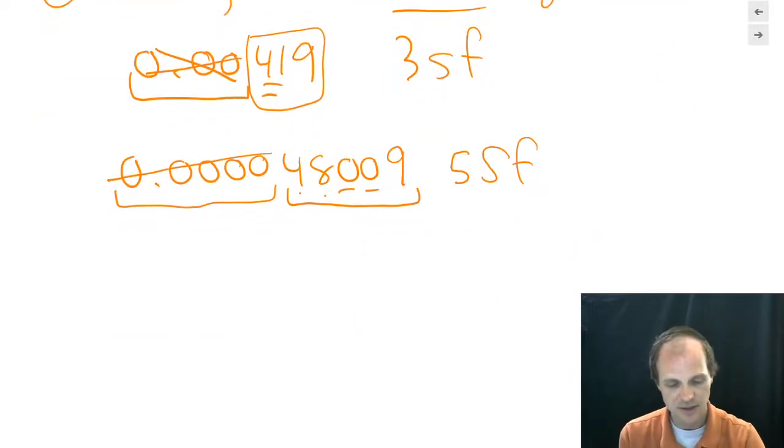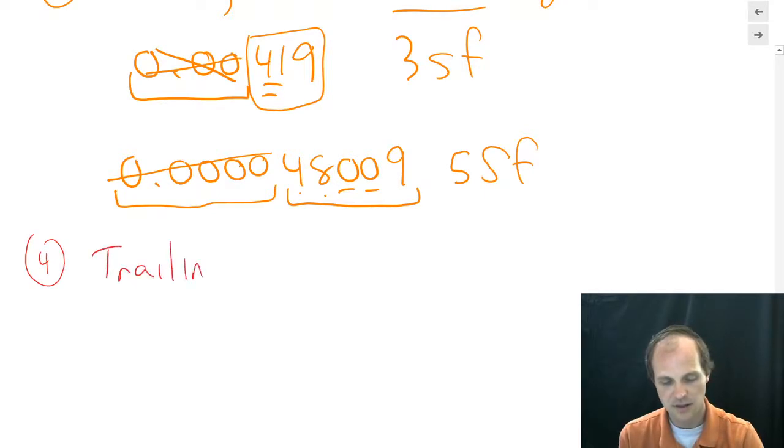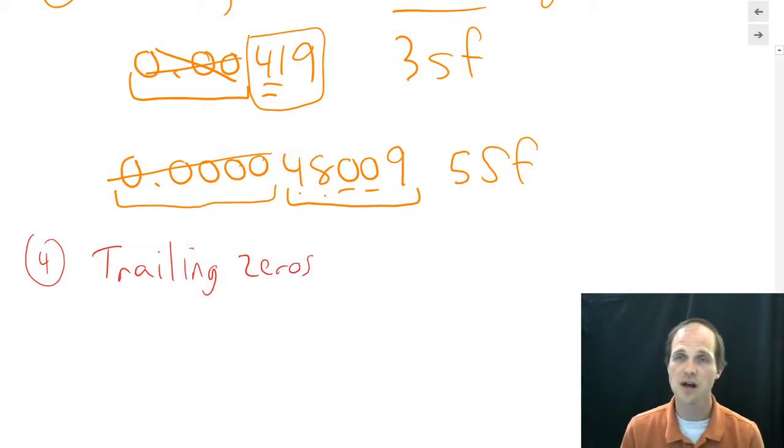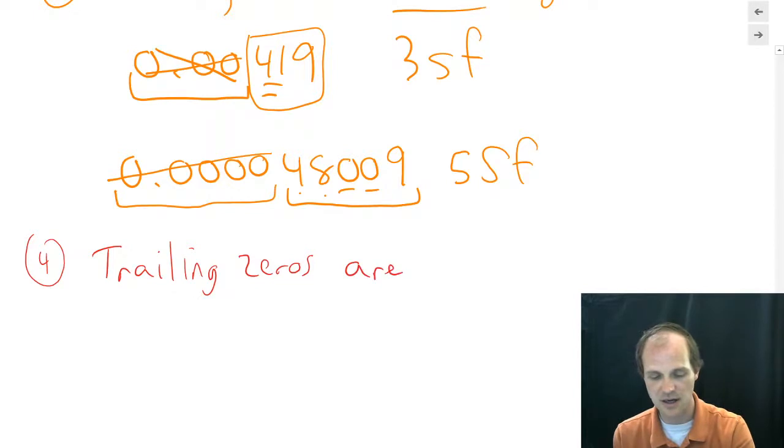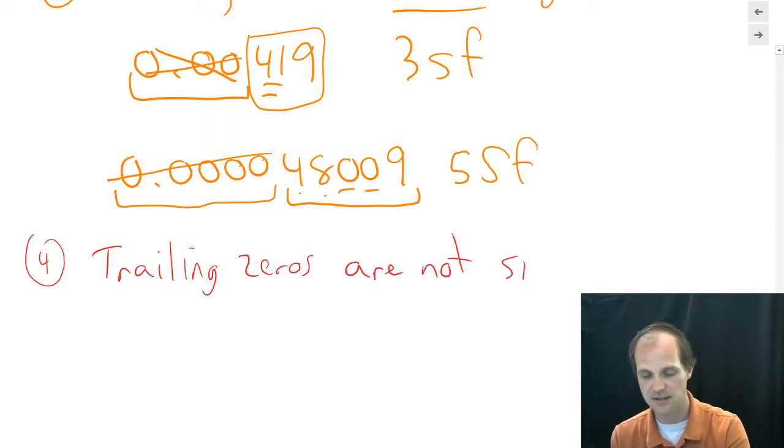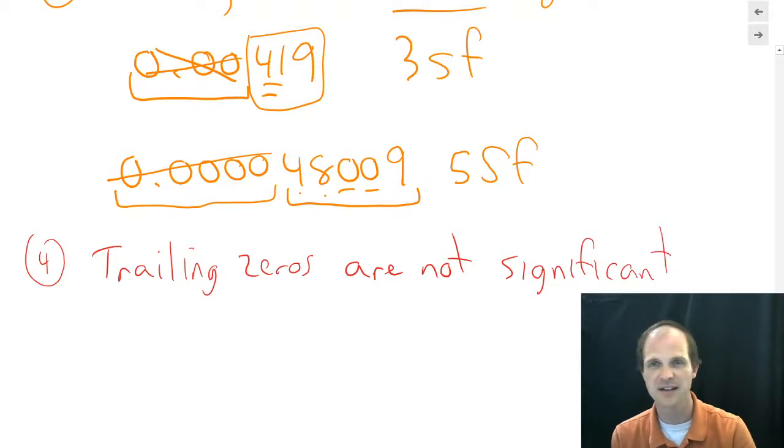And our last one are trailing zeros. And the trailing zero rule is the hardest rule because it has 2 parts to it. Trailing zeros are not significant. You're like, that doesn't sound too bad.